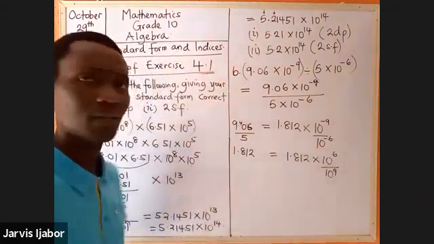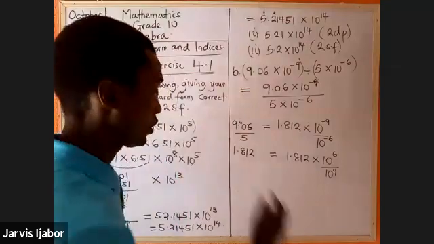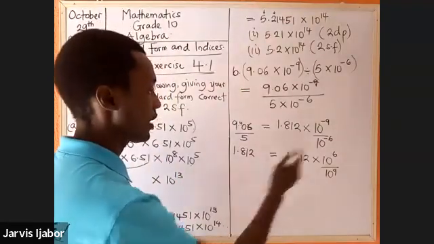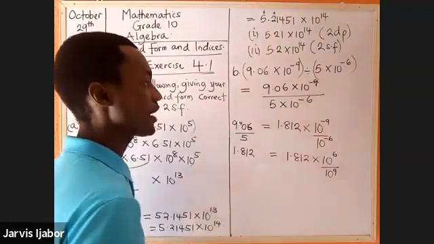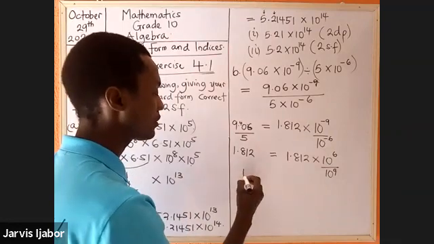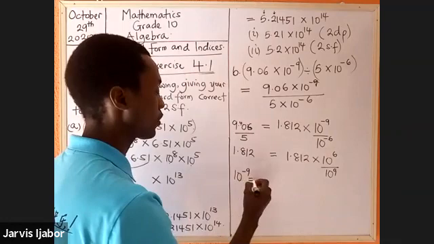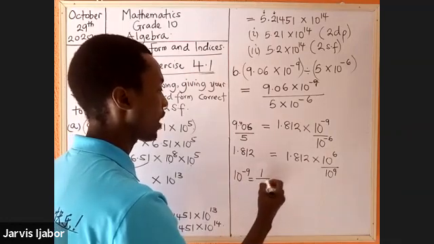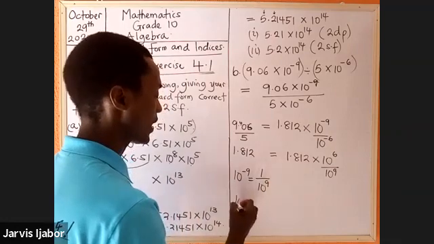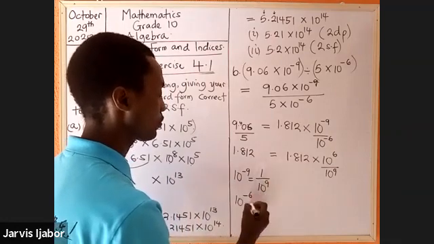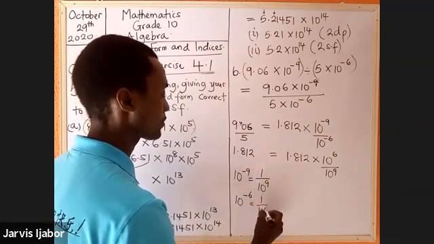Now, somebody is asking me, what has just happened? Take note of this. 10 raised to the power of -9 is equal to what? 1 over 10 raised to the power of what? 9. And 10 raised to the power of -6 will mean 1 over 10 raised to the power of 6.